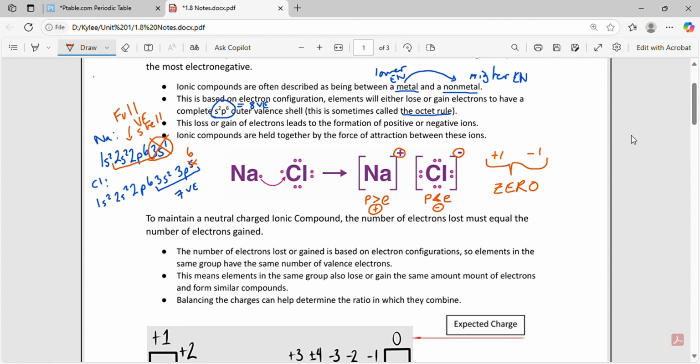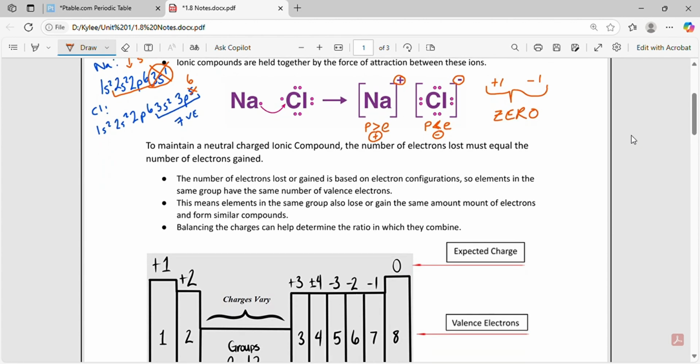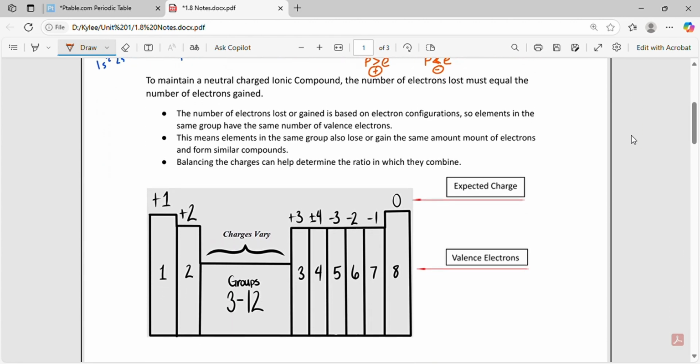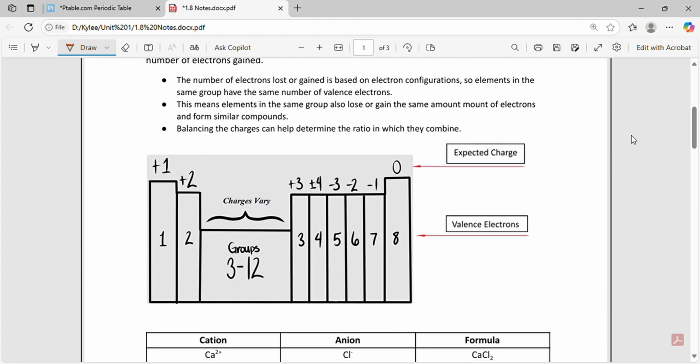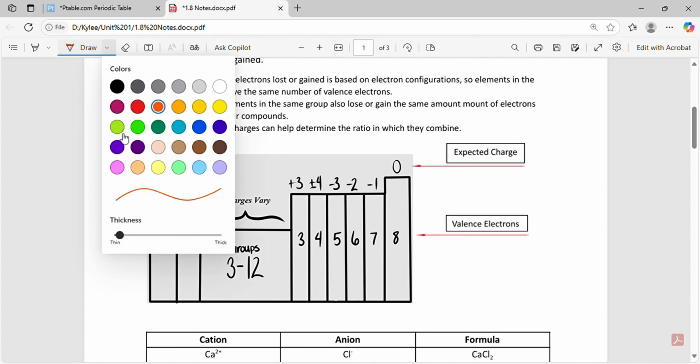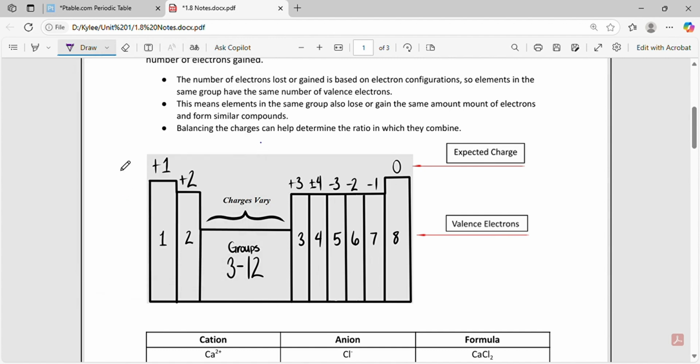Now, how do I know if an element is going to lose or gain electrons? Well, we said a second ago that it is based on the periodic table and its electron configuration. So if I come up here and look at my periodic table, group 1, they all are going to end in s1, which means they all have 1 valence electron.